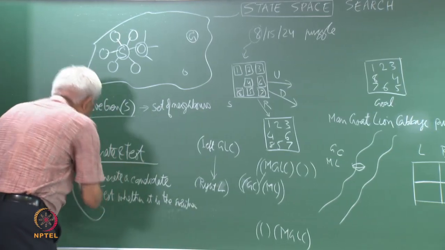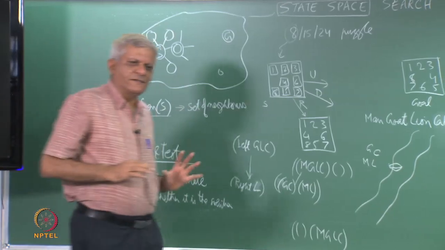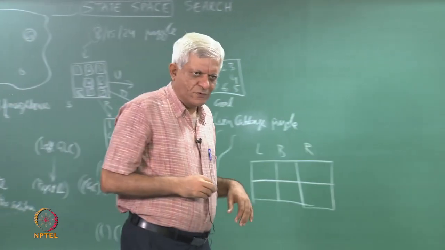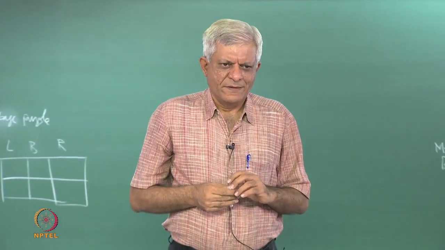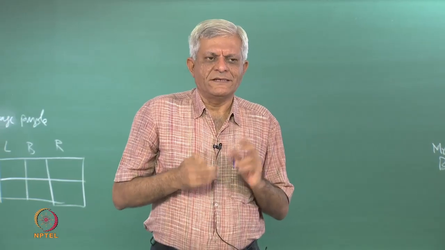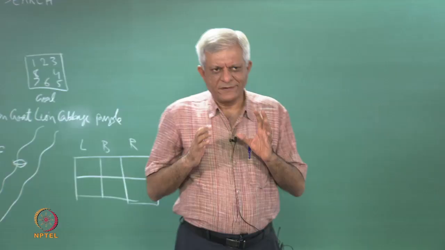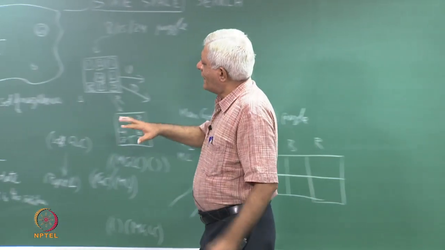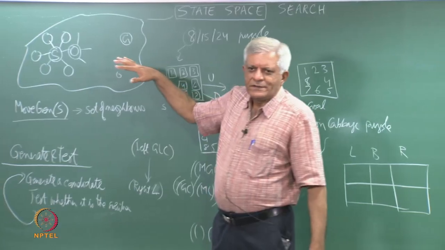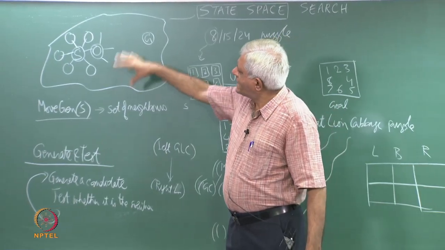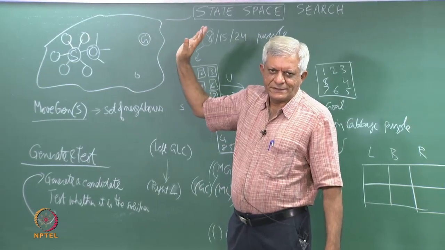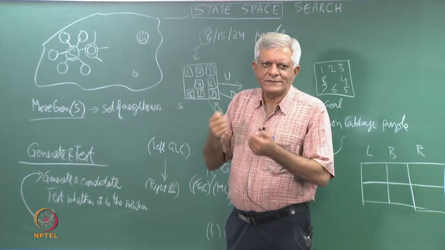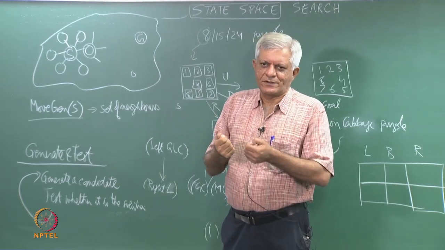And we put this into a loop, and this is a high level strategy that we are going to refine over the next few weeks. Generate a candidate and see if that is the goal state that we are interested in. Our task is to explore this state space in search of the goal state essentially.